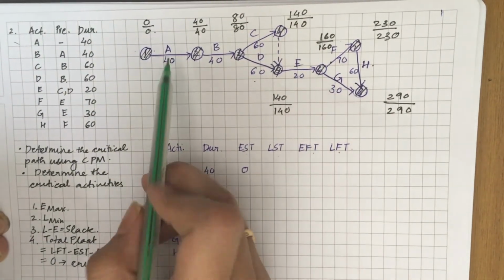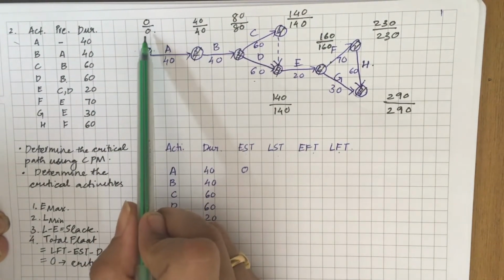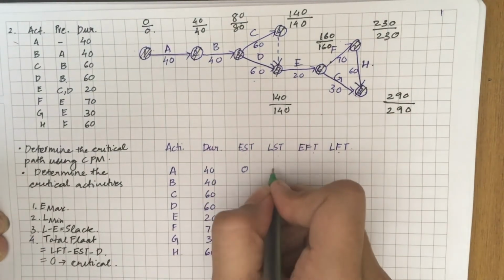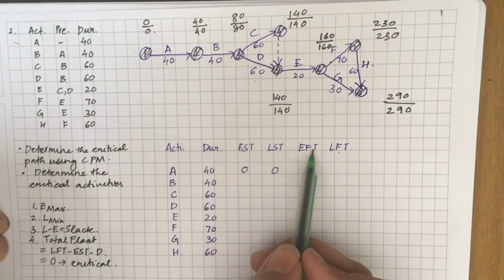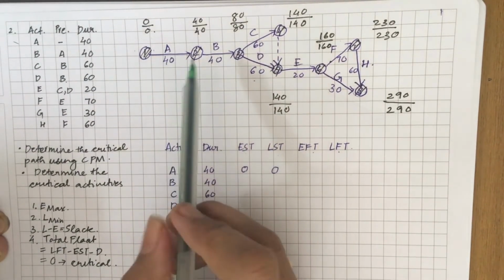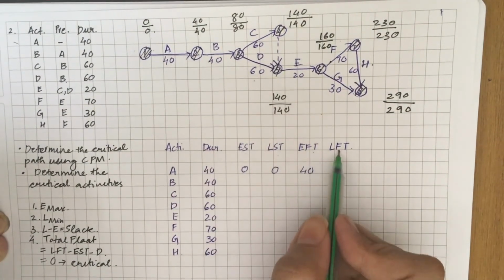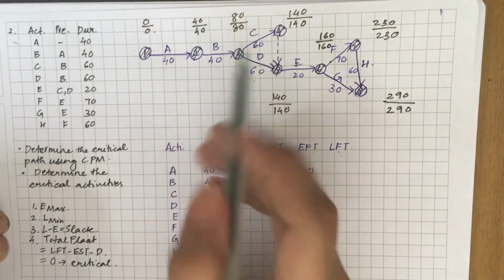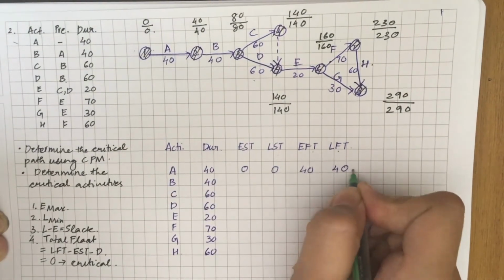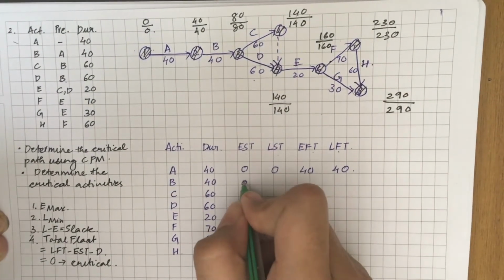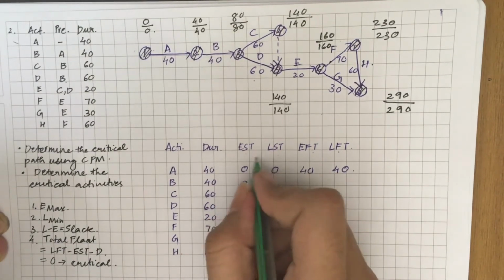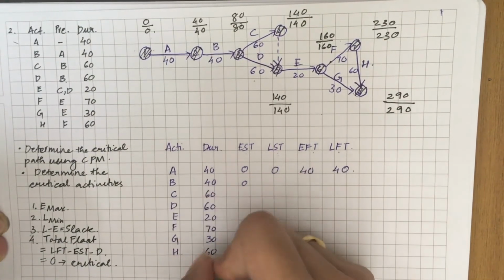LST for activity A is the L value for the tail event. Similarly, EFT for the activity A is the E for the head event, 40, and LFT is the L value of the head event. Similarly, you need to identify EST, LST, EFT, LFT for all the activities.